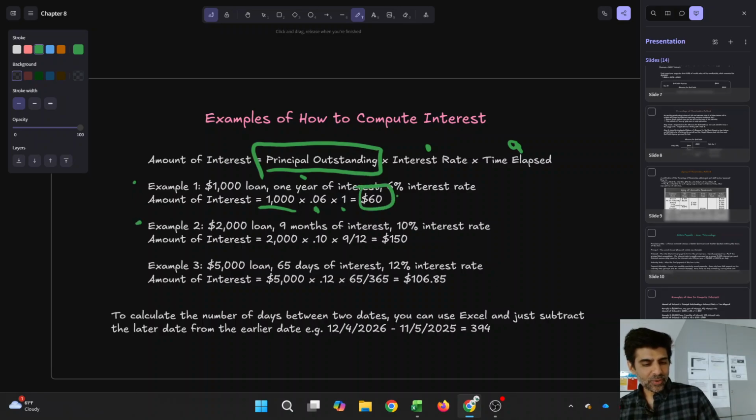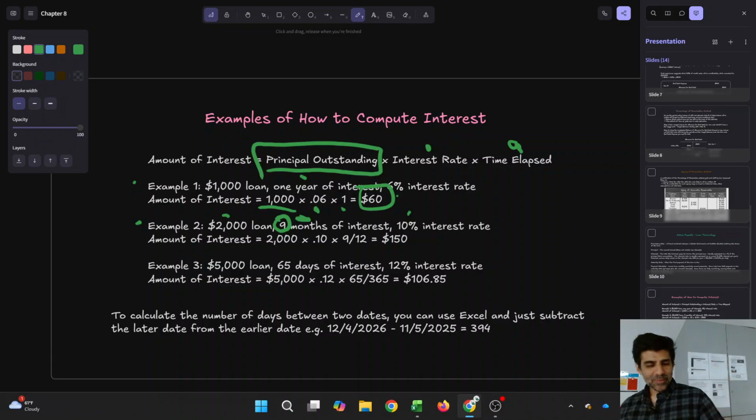In this next example, $2,000 loan, 9 months of interest. Months, so this is the key, the unit is months. 10% again is the annual interest rate. So if you wanted to figure out the amount of interest, you have to use a fraction. Hopefully this is not mind-bending mathematics.